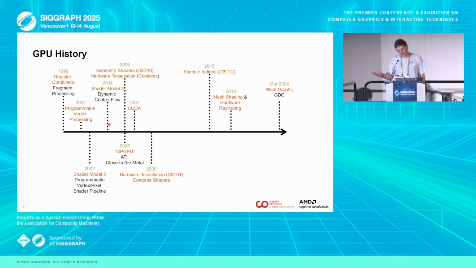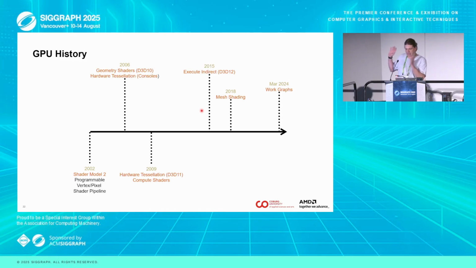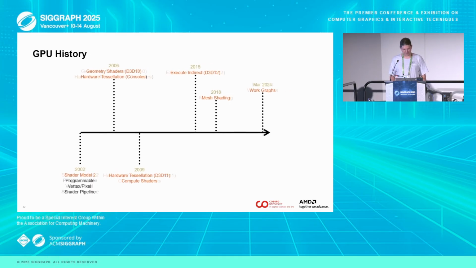And then there's obviously hardware ray tracing. But for work graphs, more important is the other feature that was kind of shadowed when hardware ray tracing came up. This is mesh shading. I faded some of the concepts here and show only those historic milestones which are important to the evolution of work graphs.